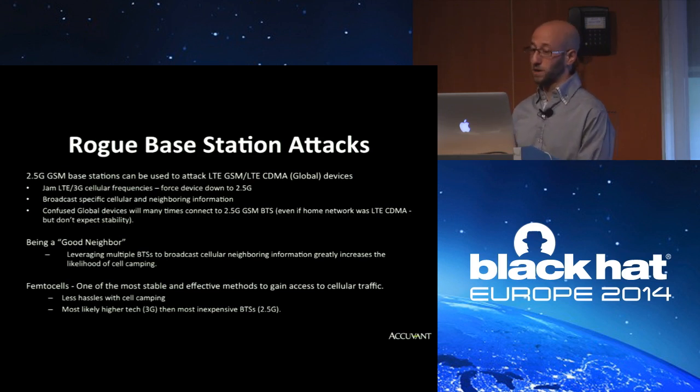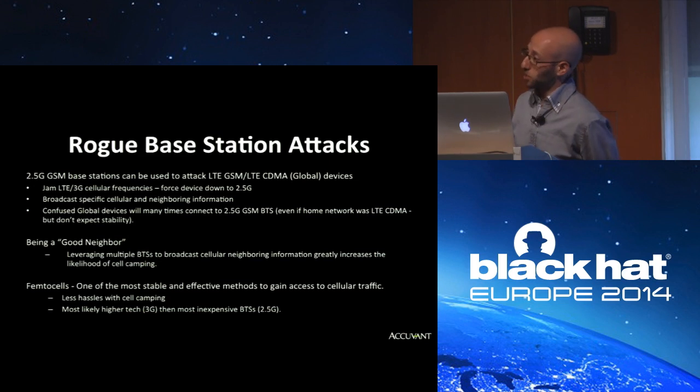It's pretty straightforward. You jam the devices off of LTE and 3G, and get them down to your base station on 2.5G. Ninety-something percent of devices will still automatically drop down to GSM or GPRS.